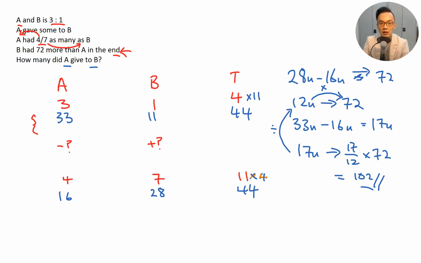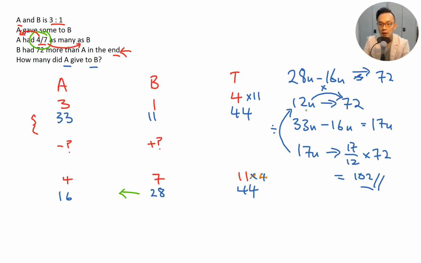So in this question, there are a few things you must take note of. So first of all, it's 3:1. You have to know how to split this 4:7. So 4 goes to A, 7 goes to B. So it's 11. Then after that, you need to multiply them together. Make them the same total again. So then they told you B has a certain more than A. So you need to take 28 minus away your 16.